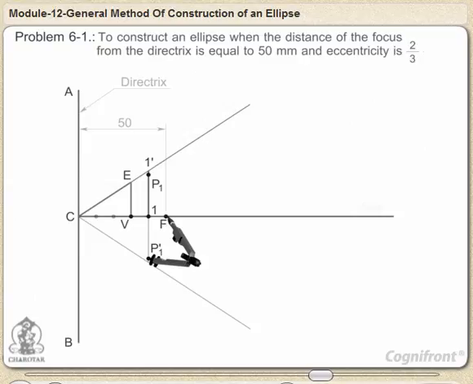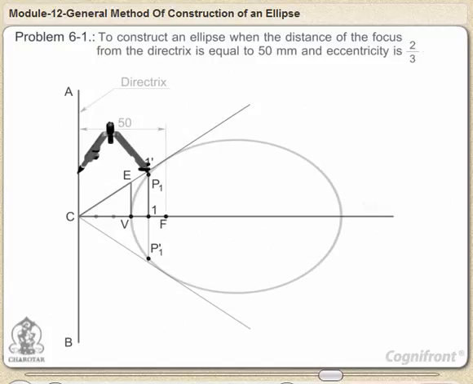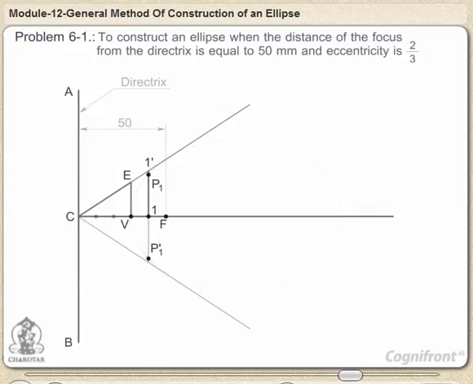These are the points on the ellipse because the distance of P1 from AB is equal to C1. P1F equals 1, 1 dash and 1, 1 dash upon C1 equals VF upon VC equals 2/3.